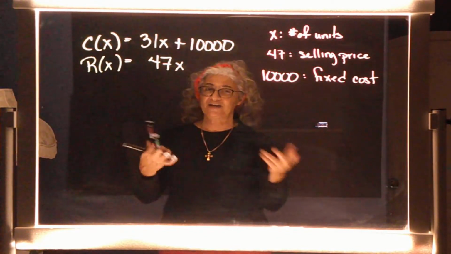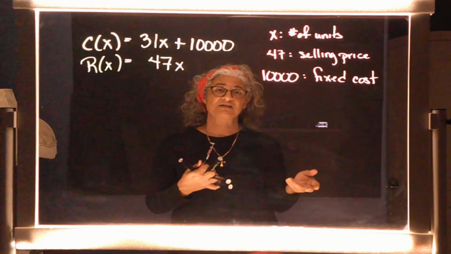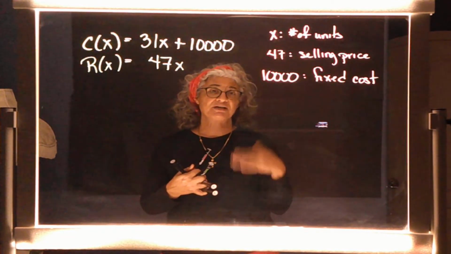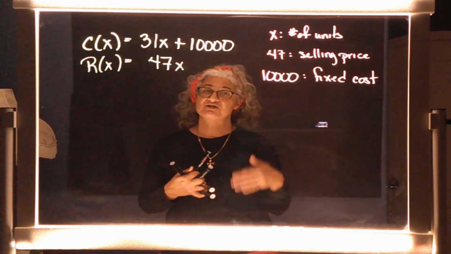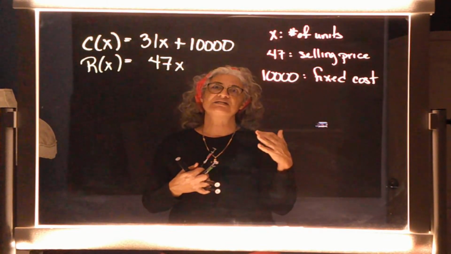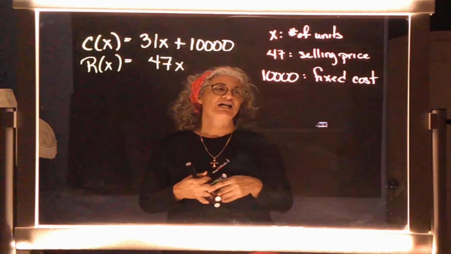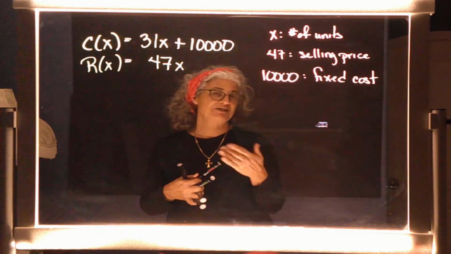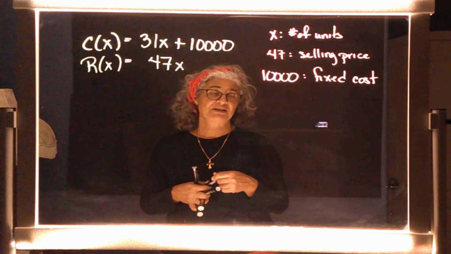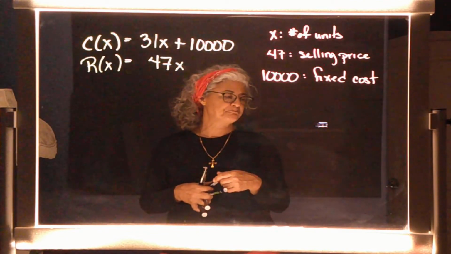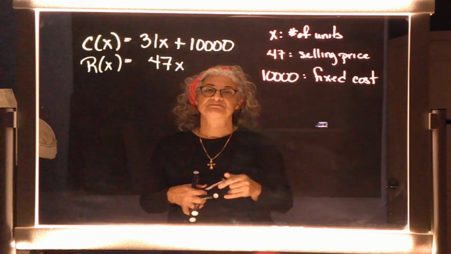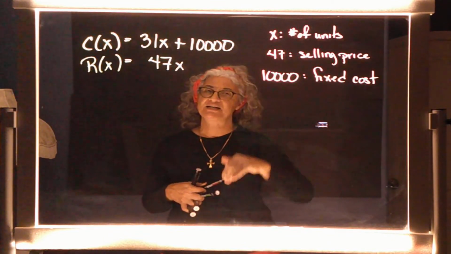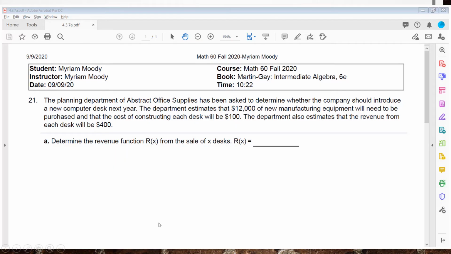Well, in the manufacturing world, the fixed cost is bills that they have to pay every month that never change. In other words, their dollar amounts never change. Like the mortgage or the rent they need to pay every month, right? That's going to be the same every month, right? The light bill, the lights are going to be on the same amount of hours every day, the same number of days.